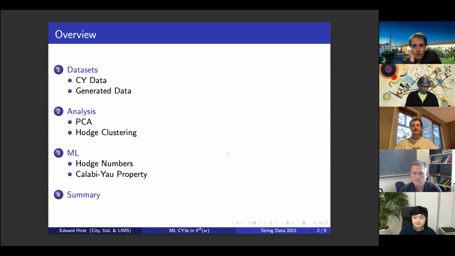From there, we'll go on to talk about some unsupervised techniques. We use the prototypical linear PCA, and then we do some clustering as well based on Hodge numbers, and we get some interesting behavior based on that. Then I'll go on to talk about the supervised methods that we used, so learning these topological parameters and learning this Calabi-Yau-ness from these weighted projective spaces.